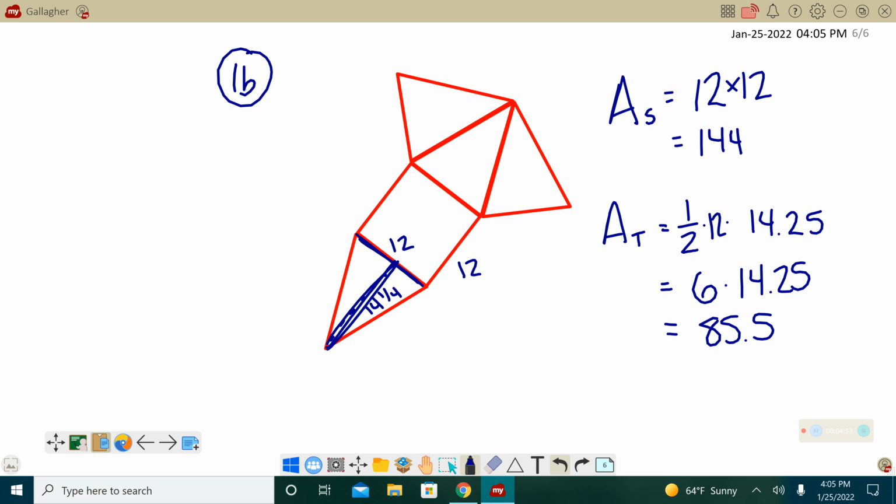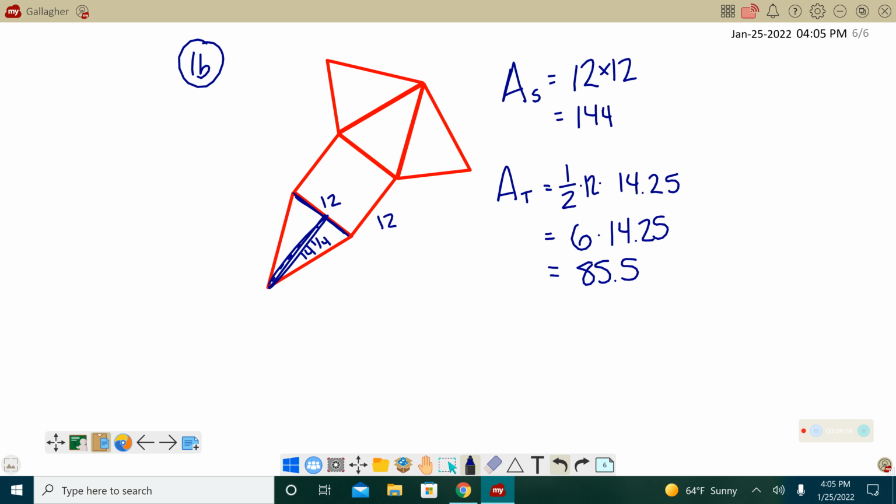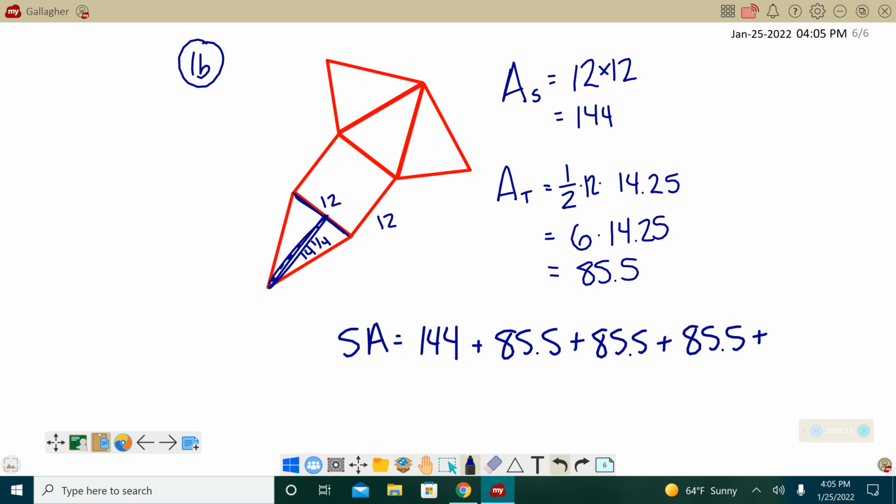So we need to find the surface area. We are going to add up all of the pieces. We have the square, which is 144, and then the first triangle, the second triangle, the third triangle, and the fourth triangle.